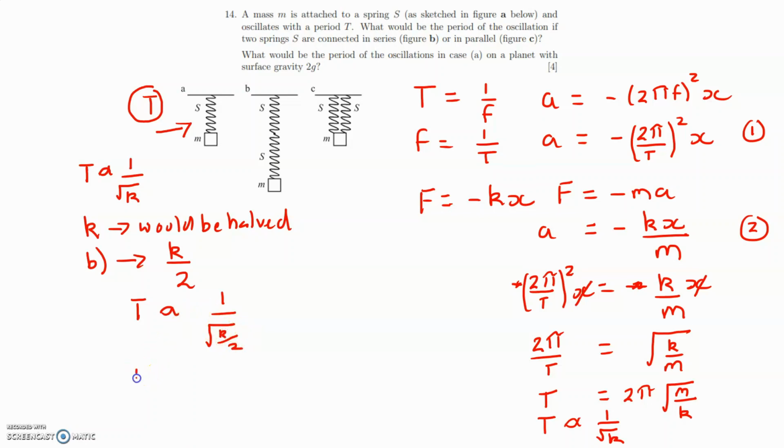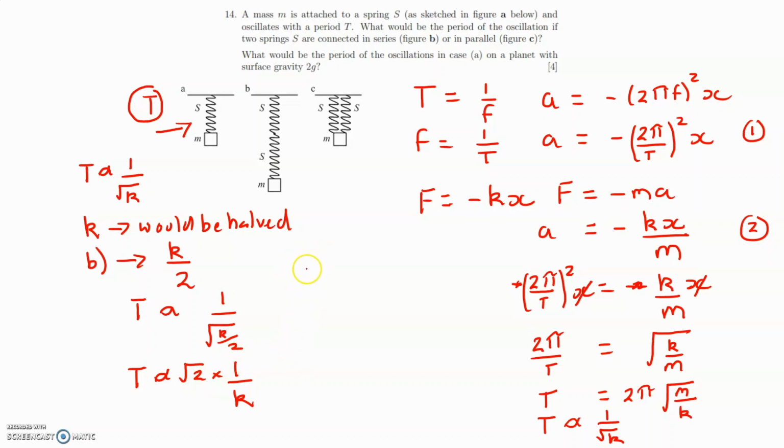Okay, and if we tidy that up, then T is proportional to root 2 times 1 over root K. So what that is now telling us is that when we have two springs in series, the period would increase by a factor of root 2, and that's what we're being asked to prove for the first part of the question. Now, what would it be in parallel?